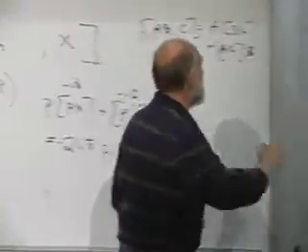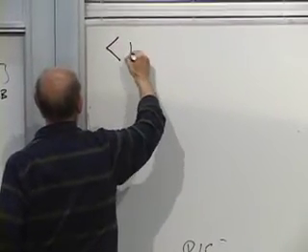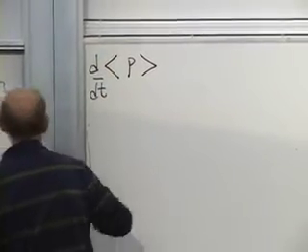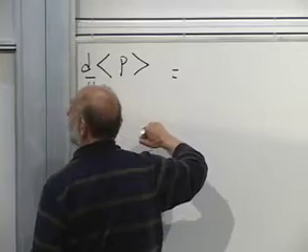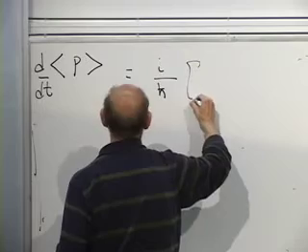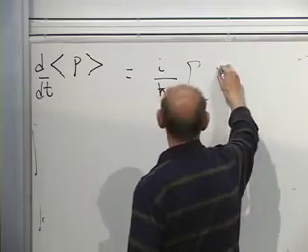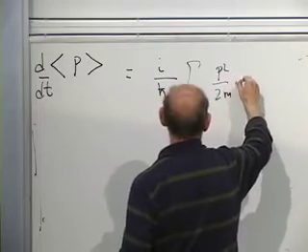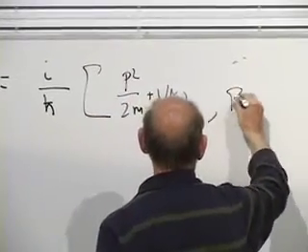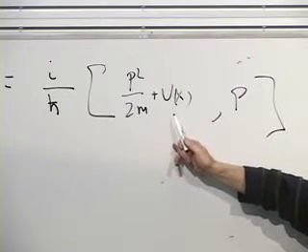So let's apply exactly the same rule to the average of momentum, d by dt, and that's given by I over h bar times the commutator of P squared over 2m plus u of x with P. This time it's the u of x which is important.